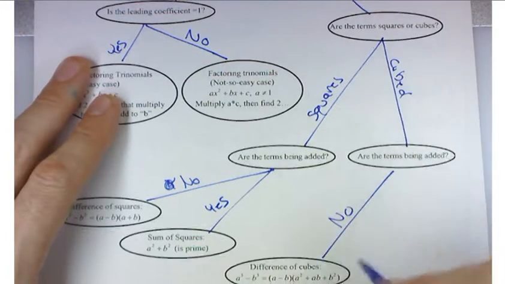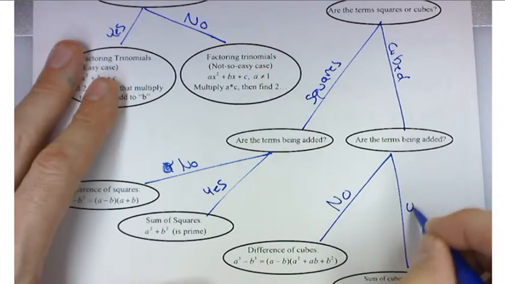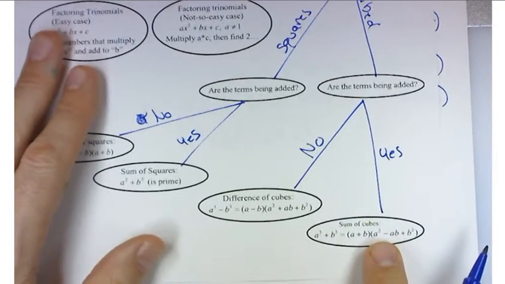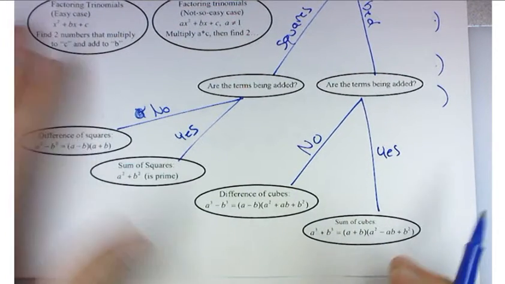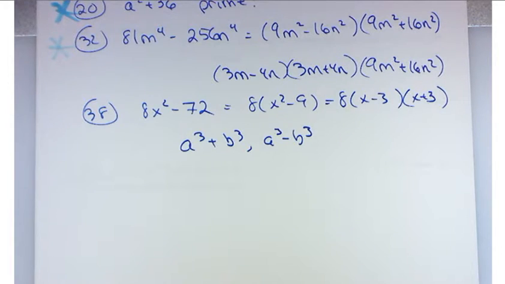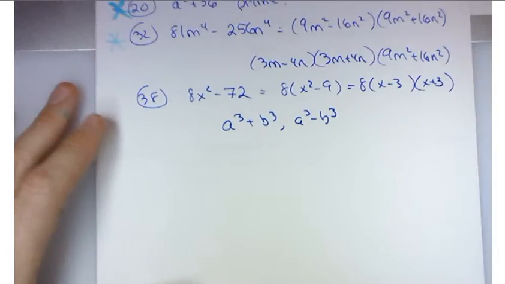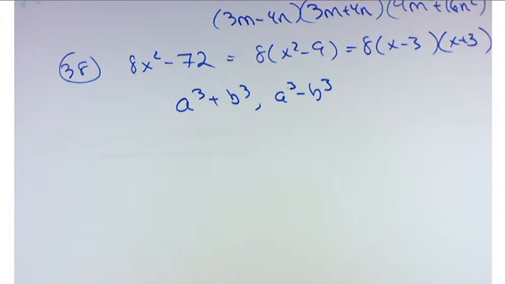No. This would be the difference of cubes. If the terms are being added, yes, that'd be your sum of cubes. So two different formulas, and let me discuss those a little bit to help you remember some of these things. And I'm going to give you a couple tricks, a couple mnemonic devices. Extra credit if you can spell mnemonic.